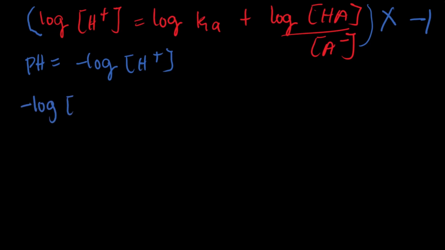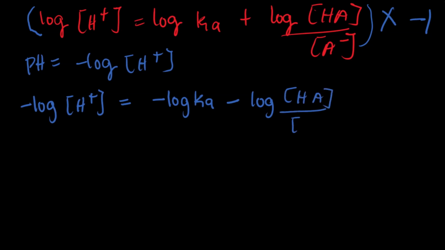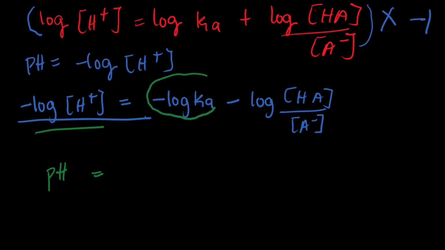So multiplying the entire equation by negative 1, we have negative logarithm of hydrogen ion concentration equal to the negative logarithm of Ka minus the logarithm of HA divided by A minus. Now this expression on this side is pH. So pH is equal to this expression.